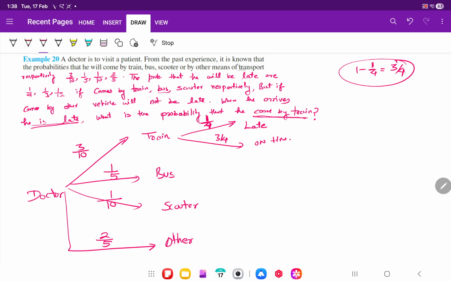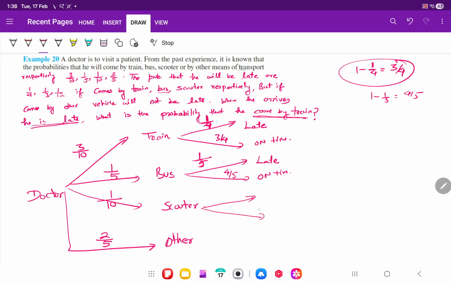By bus also, the probability for late is 1 by 5, and on time will be 1 minus 1 by 5, which is 4 by 5. Though we are not interested, because we want to know only about late.